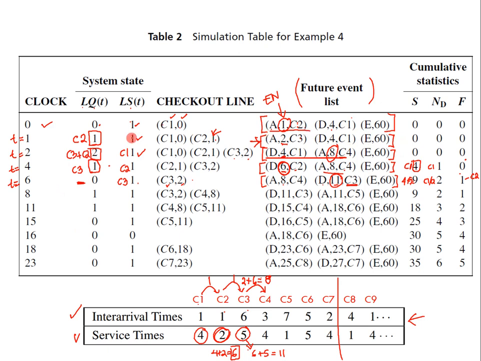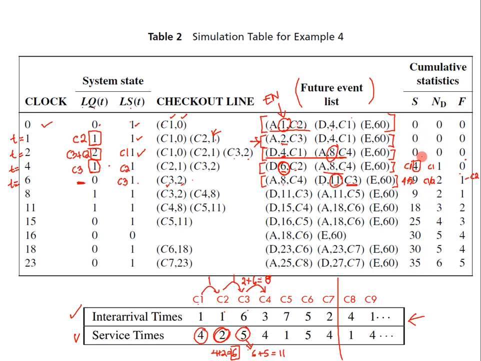You must keep track of the clock time, the system state, the future event list, what is going to happen in the future as you move from time to time, and the statistics you collected, because you want the average over time.